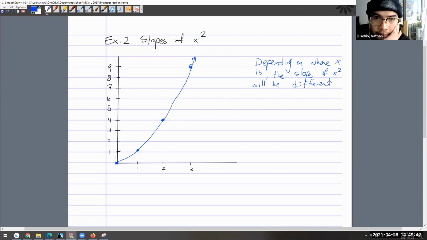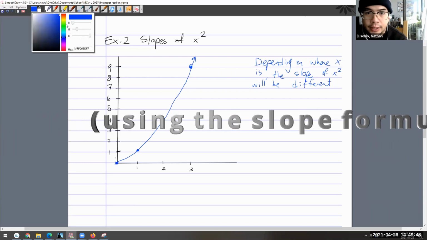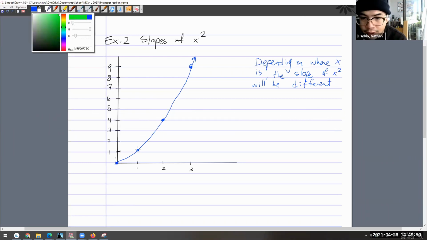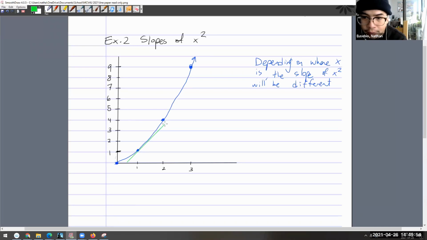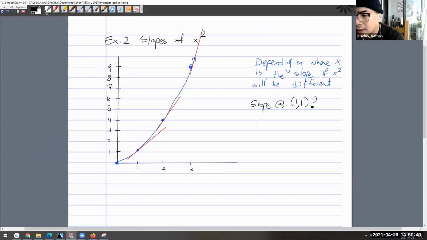How many points do we need to find the slope? We need 2 points. If I wanted to find the slope at x equals 1, I only have 1 point to work with. If you hold up your ruler, we only get 1 point.